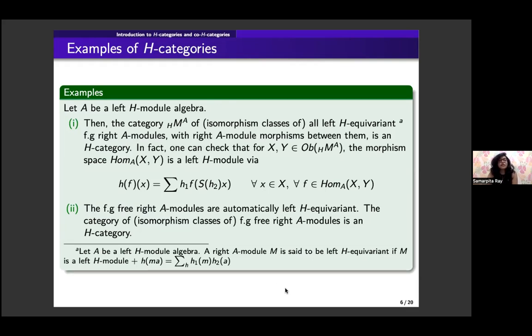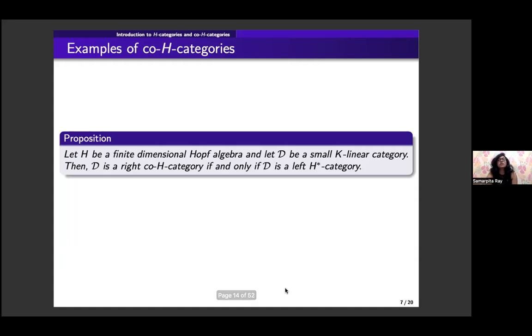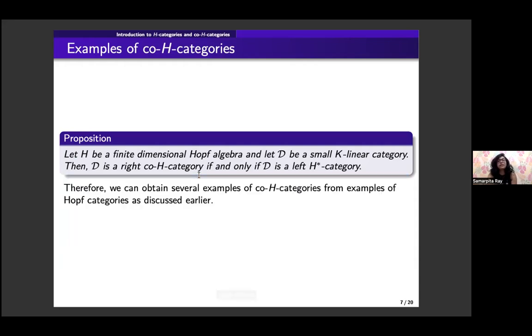These are examples of H categories. Now there's a result that we proved: if you have a finite dimensional Hopf algebra, then a category D is a co-H category if and only if D is a left H-star category, where H-star is the dual. This result immediately gives you plenty of examples of co-H categories, because you just have to consider the dual.